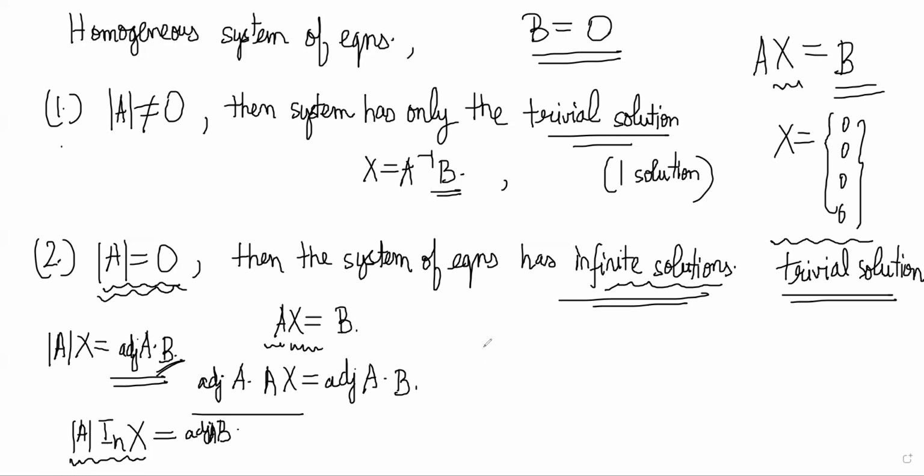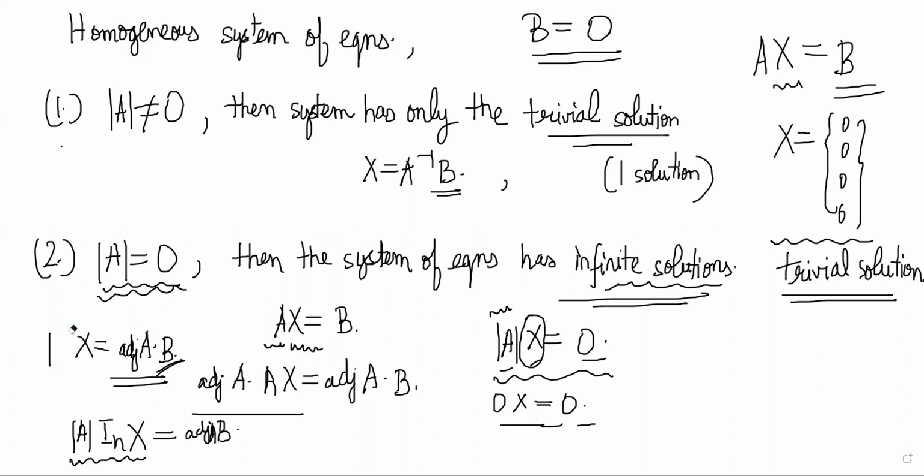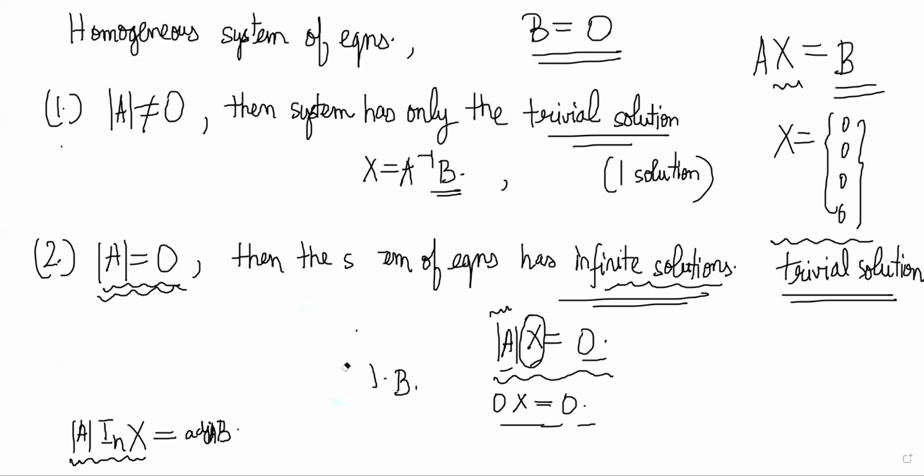That's why X has infinite solutions. Det of A times x is zero, and det of A is zero, so X can be anything, because this side is also identically zero. So that is the reason you multiply by the adjoint, and you can see that both sides are identically zero.